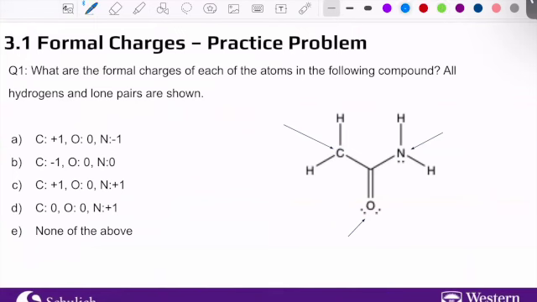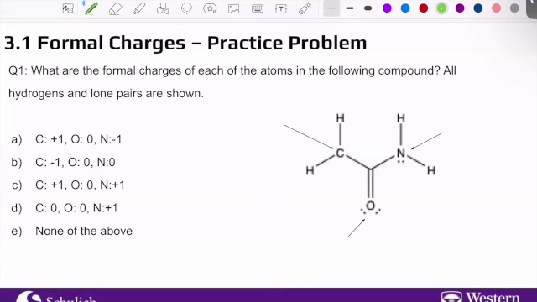Alrighty, this is a good type of exam problem. It's asking the formal charge of each of the atoms in the compound, and it's telling us that all hydrogens and lone pairs are shown. So you can approach this however you would like. If you would like to approach it using the equation or the shortcut I've shown you, I will approach it from the shortcut method. However, feel free to use the other method if you prefer that.